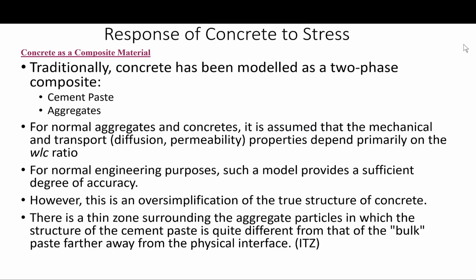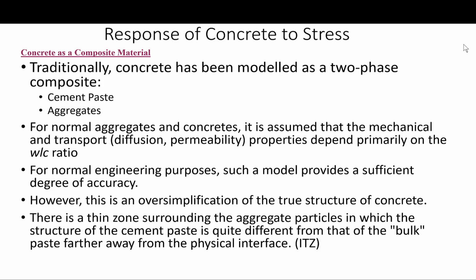So traditionally, concrete has been modeled as a two-phase composite material consisting of inert aggregate particles with wide size distribution embedded in a uniform matrix of hydrated cement paste.